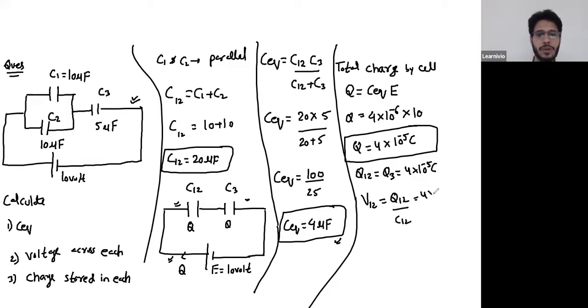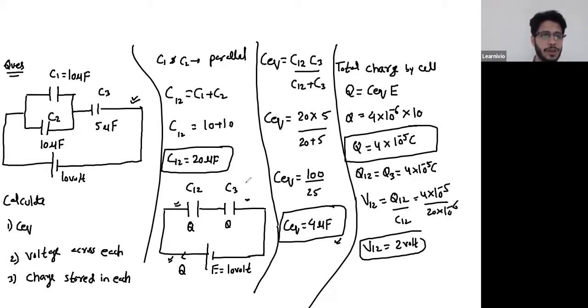So Q12 is 4 into 10 raised to the power minus 5, C12 is 20 into 10 raised to the power minus 6. So it comes out to be 40 by 20, that is 2. So out of 10 volt, 2 volt is across C12.